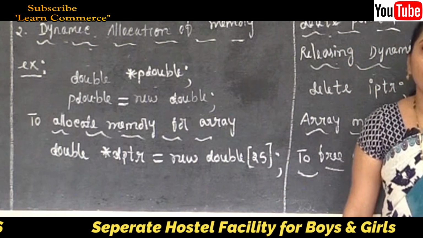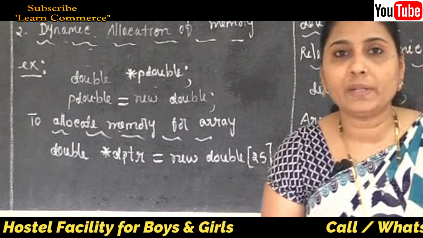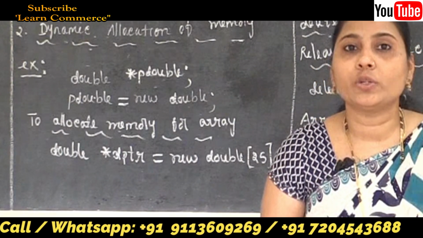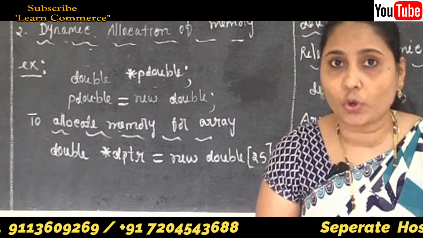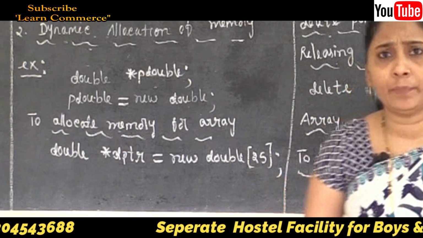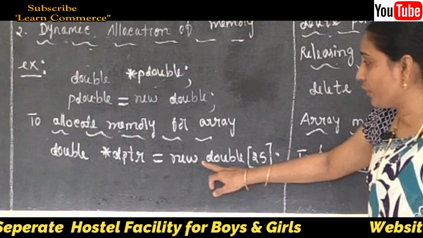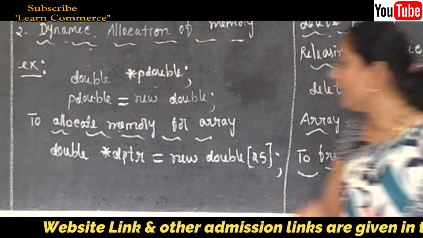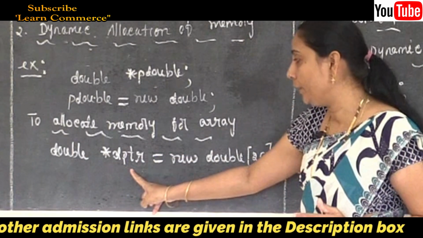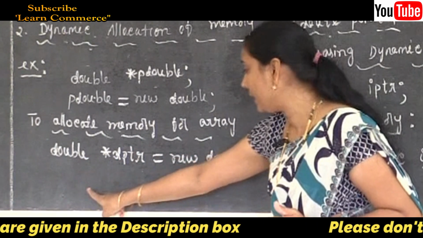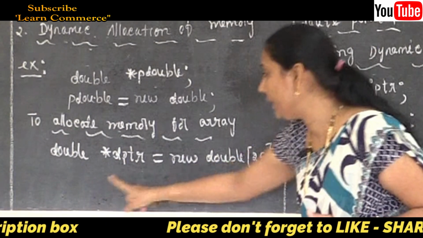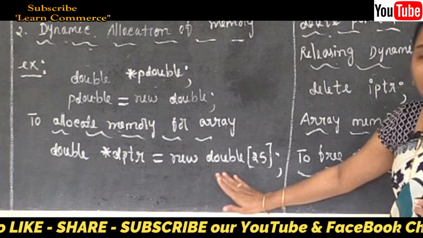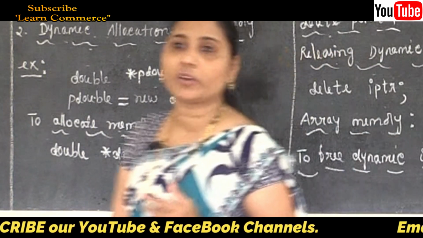Because we know how we use an array, for example int a of size 5, correct? That means 5 elements are going to be stored in your array. Otherwise, if you want to use two lines, then we write double pointer dptr semicolon, and next, dptr is equal to new double of size. Clear this point? So this is how to allocate the memory for an array.